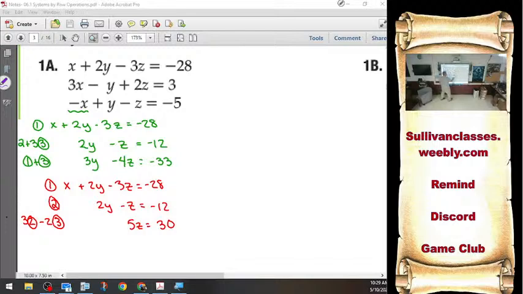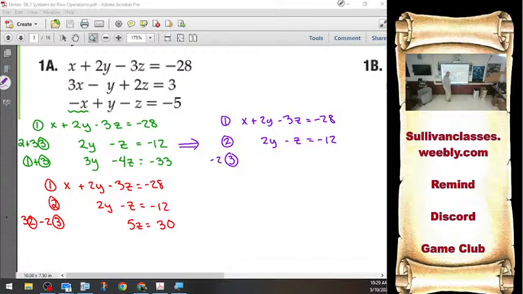I could go over this way and say, how about I leave equation 1, x plus 2y minus 3z is negative 28. I'll leave equation 2, 2y minus z is negative 12. And how about right now I just take equation 3 times negative 2.